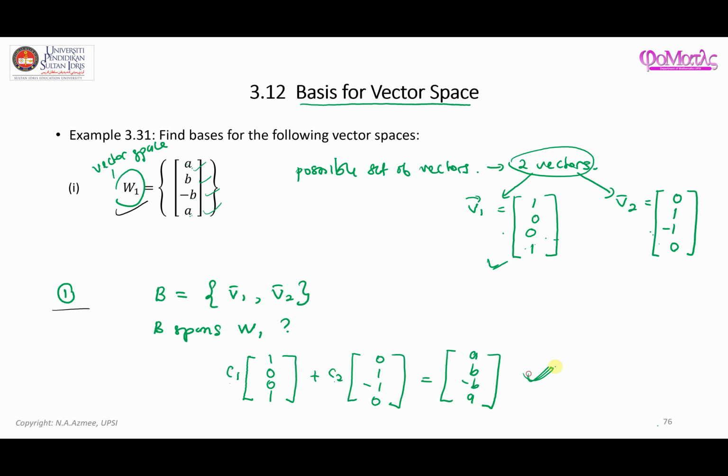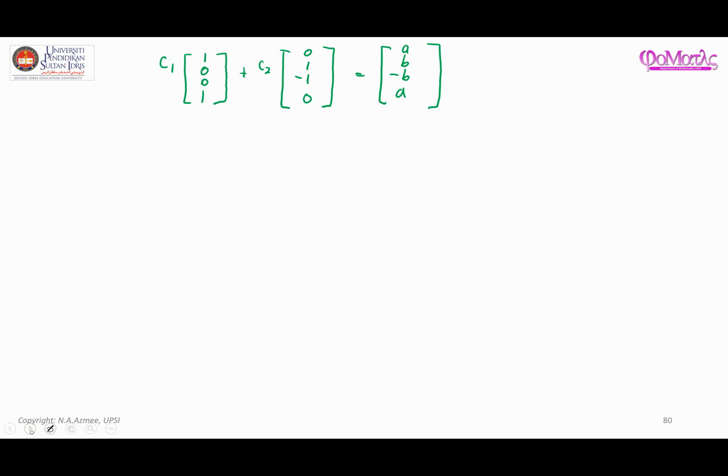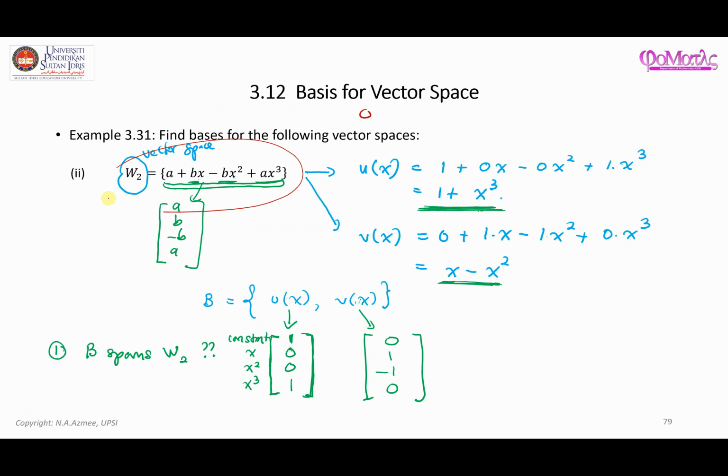It has the same starting point, and of course if you keep on following the same procedure which I have outlined in the previous example, you will be able to show that B spans W2, and then you should be able to show that B is linearly independent, because like I said just now, we have exactly reduced this problem here.